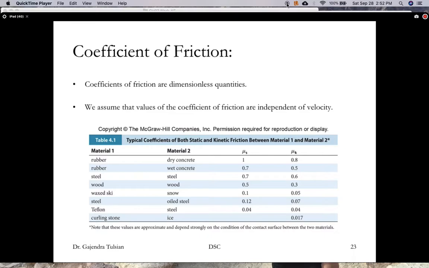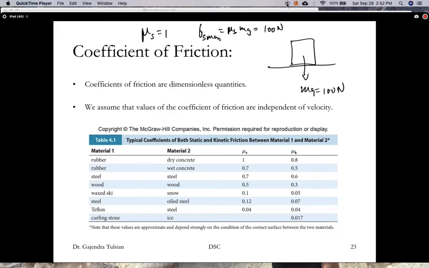Okay, and again, what these numbers mean are the following. If you have an object that weighs 100 newtons, and this object is rubber on dry concrete with mu_s equal to 1, the maximum static friction force is mu_s times mg, which is 100 newtons.